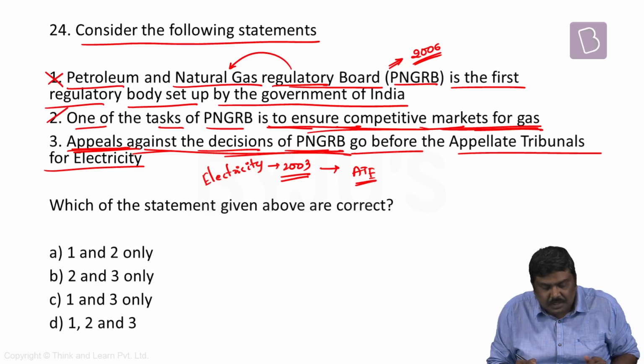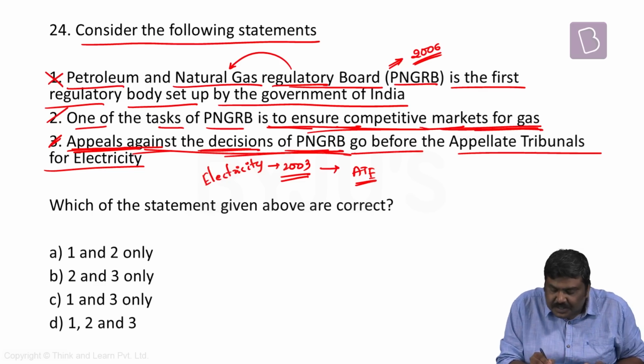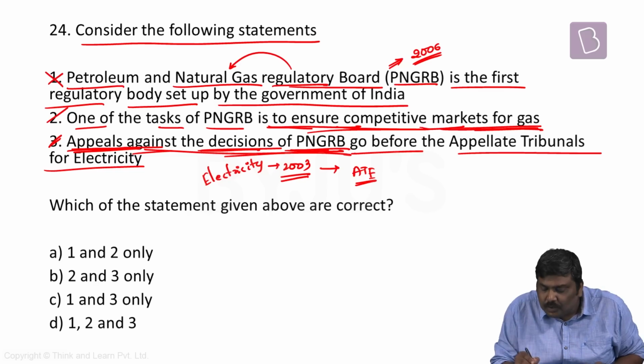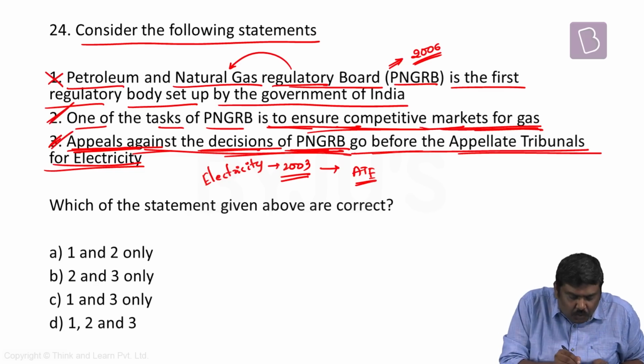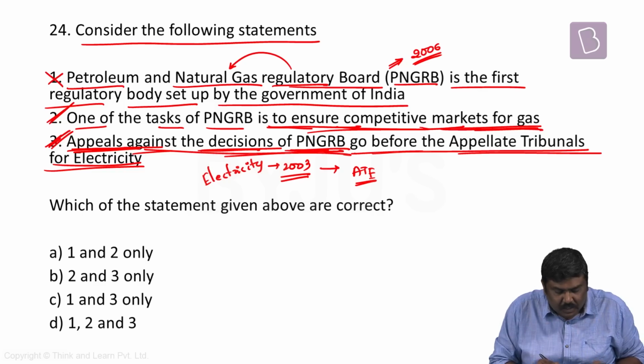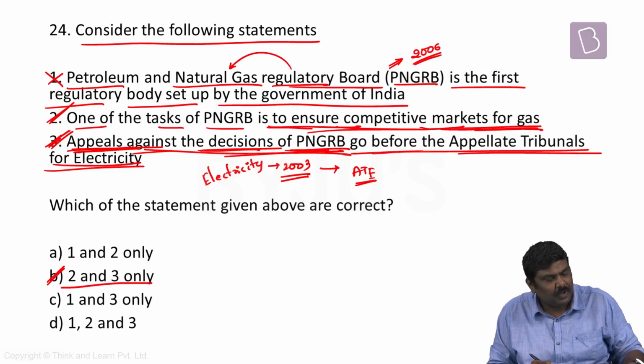In simple terms, this statement is true. Appeals against the decisions of PNGRB can go before the appellate tribunal for electricity. So points 2 and 3 are correct. Based on this, the right option will be option B, 2 and 3 only.